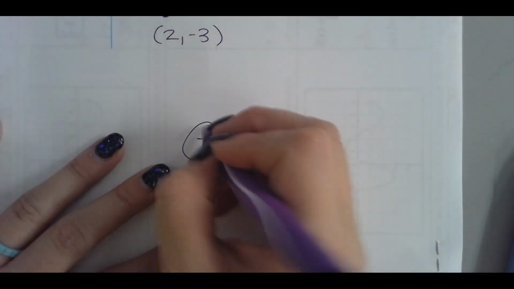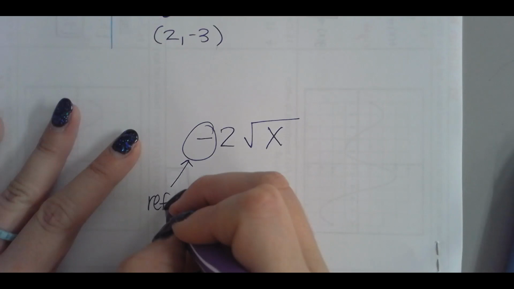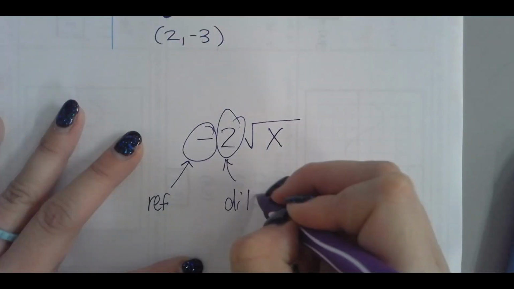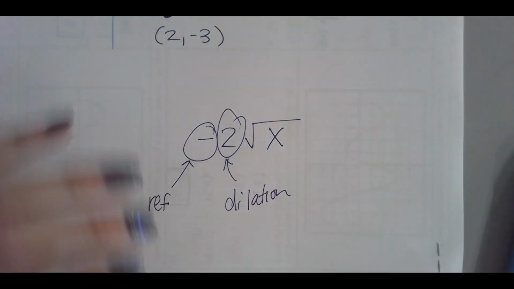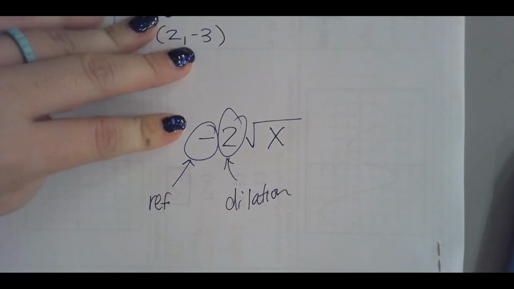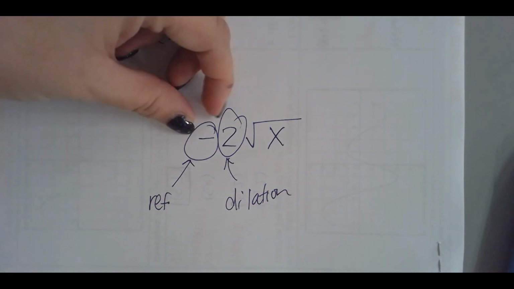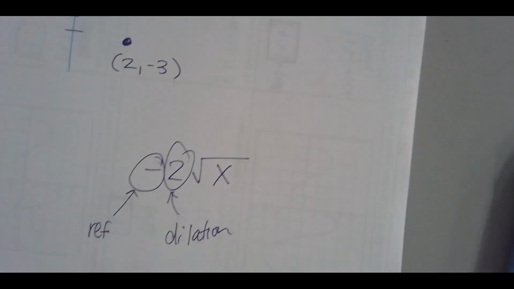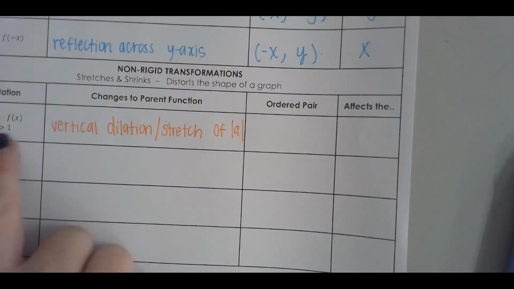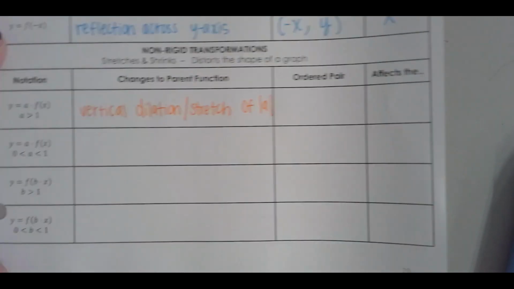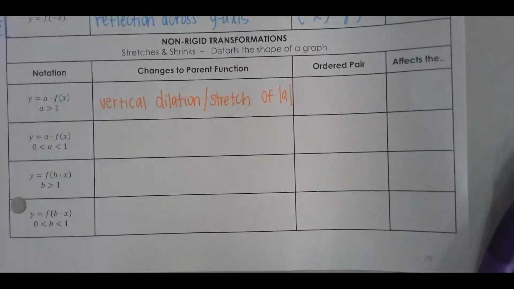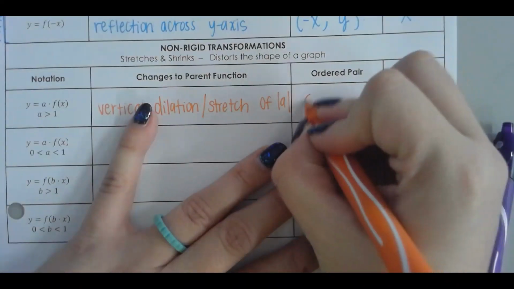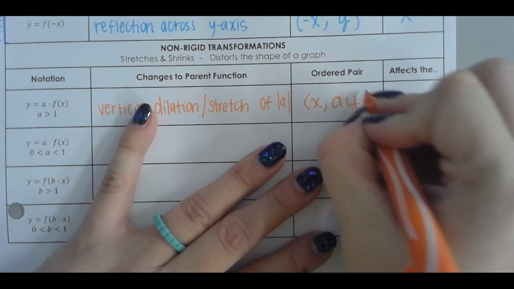But really, that negative whatever number that is, if we have an ordered pair, that number gets multiplied by the y.